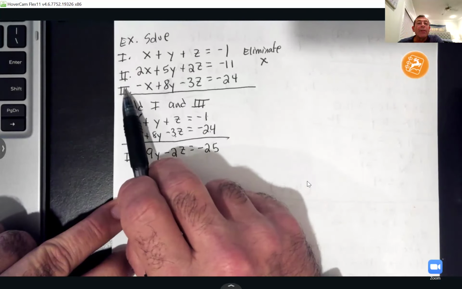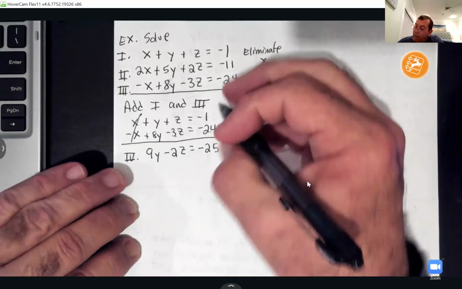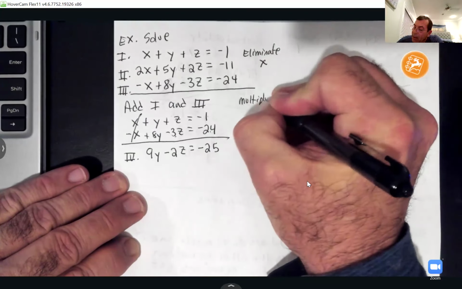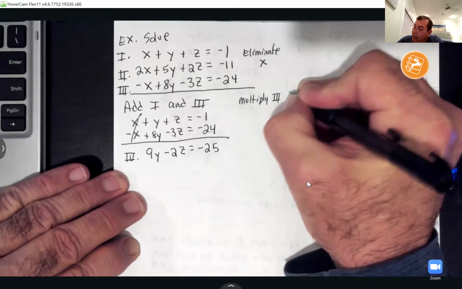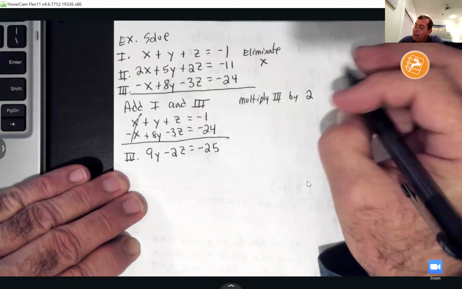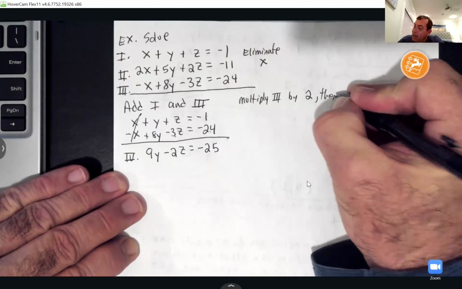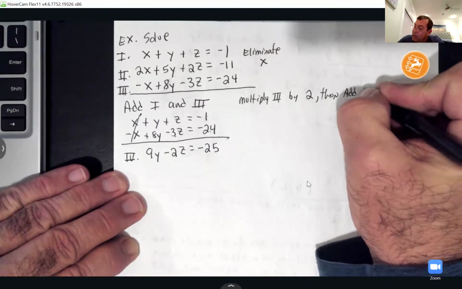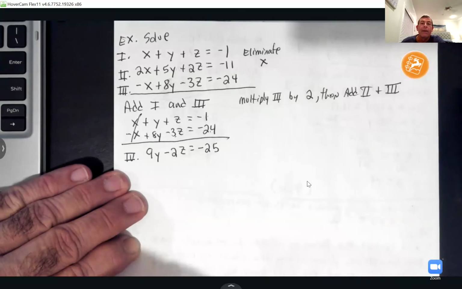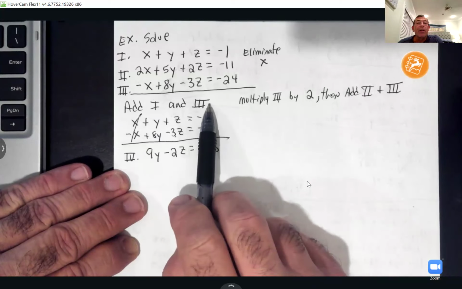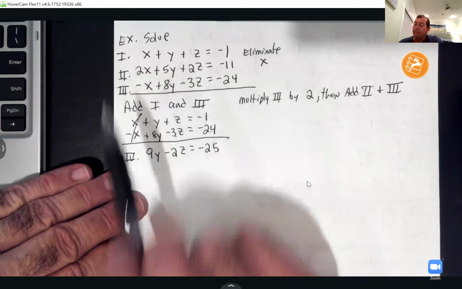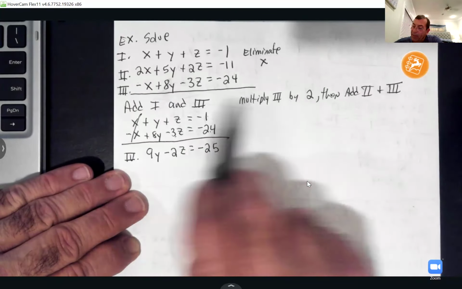And I'm going to multiply the third equation by 2, then add 2 and 3. Because I used 1 and 3 here, that means this time we had to use 2, okay? So let's multiply 3 by 2.